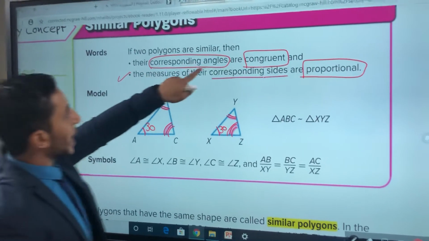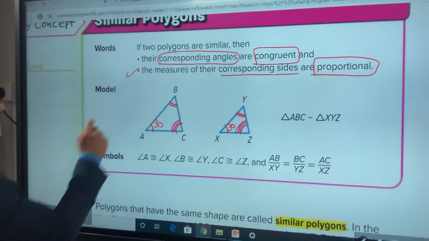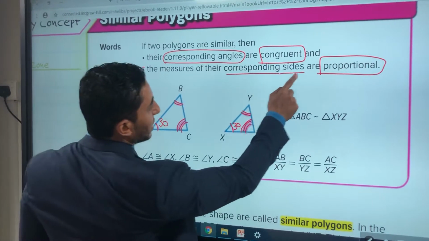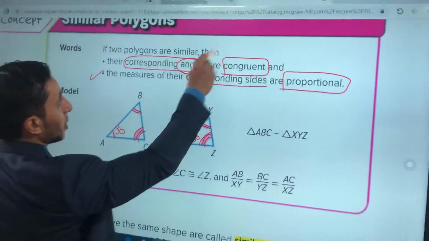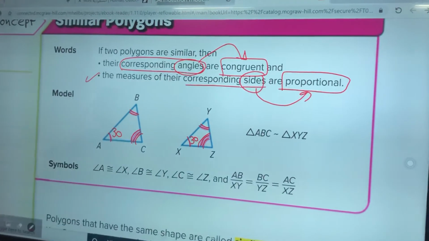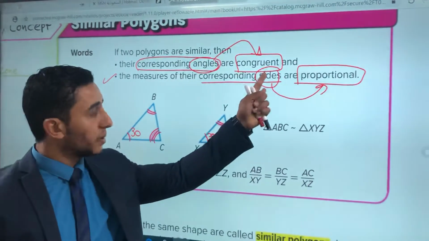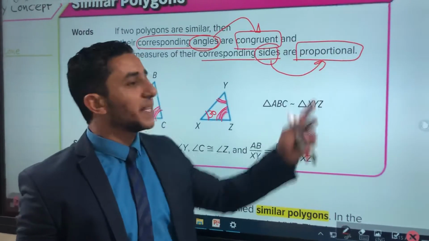Their corresponding angles are congruent. This is the first. Second, the measures of their corresponding sides are proportional. Angles congruent and sides proportional. Again, angles congruent and equal in measure, and corresponding sides proportional, the same ratio.